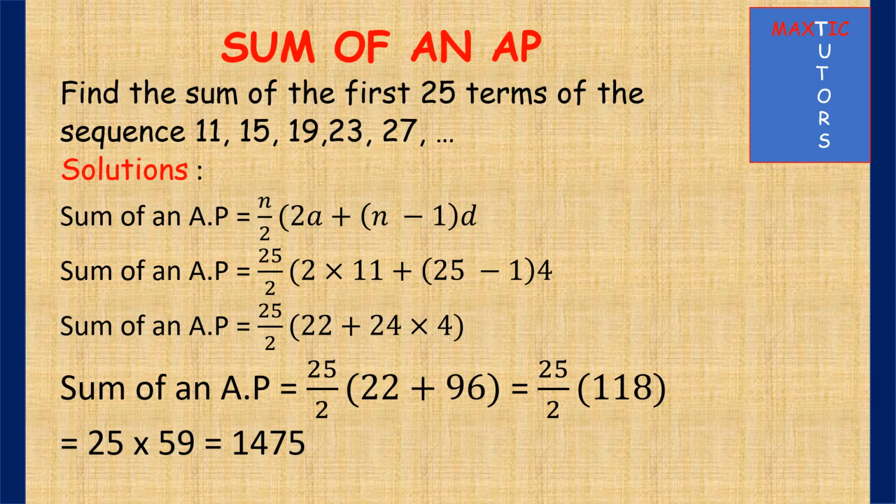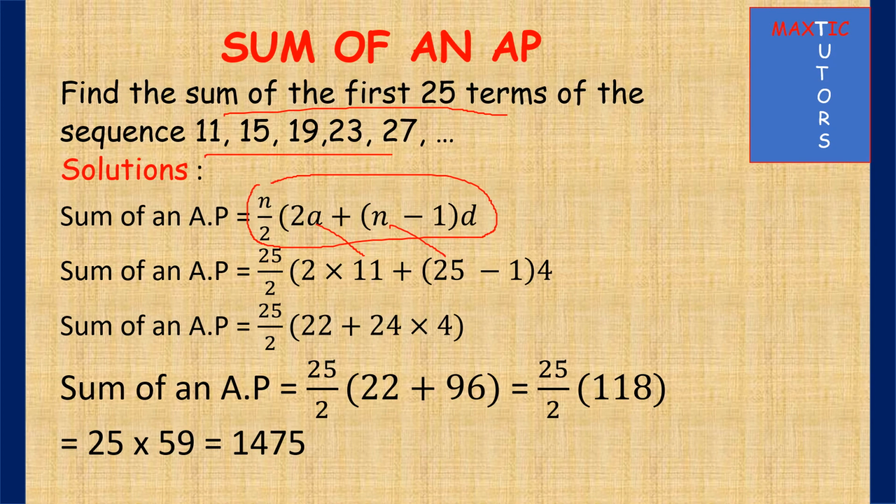We are on the sum of an AP now. Find the sum of the first 25 terms of this sequence. So what you need to do is to use the formula for the sum of an AP, which is n over 2 into bracket 2a plus n minus 1 d. And when you substitute n, which is 25 over 2, and a is 11, n is 25.